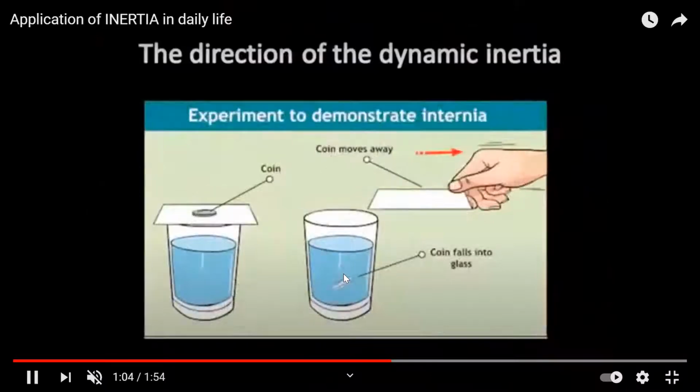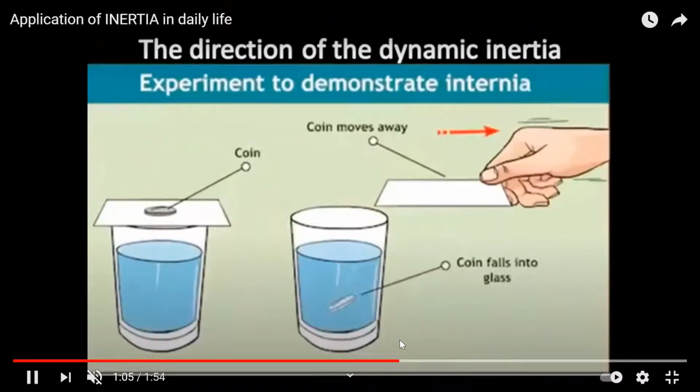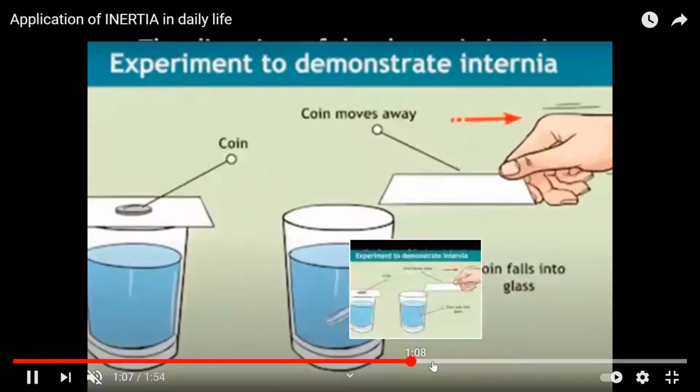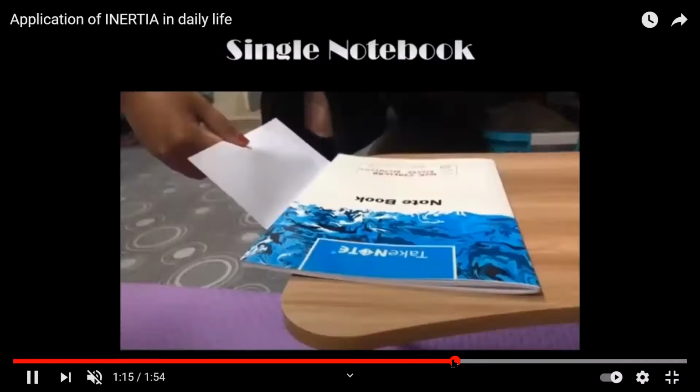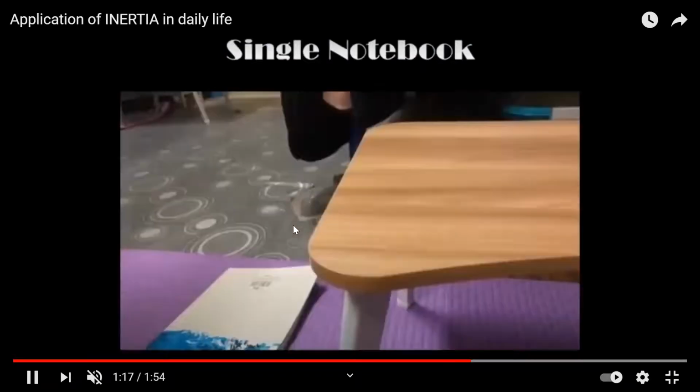Okay, let's see. Now, look at this. Here, when the paper was pulled out from under the notebook, this notebook fell.